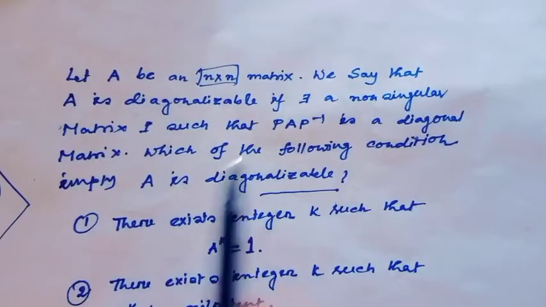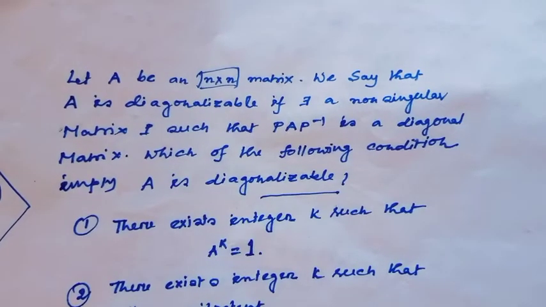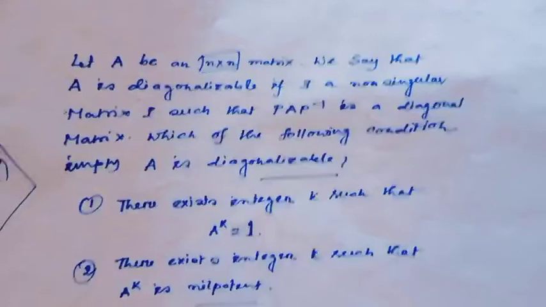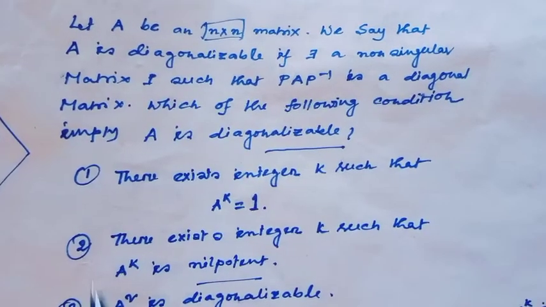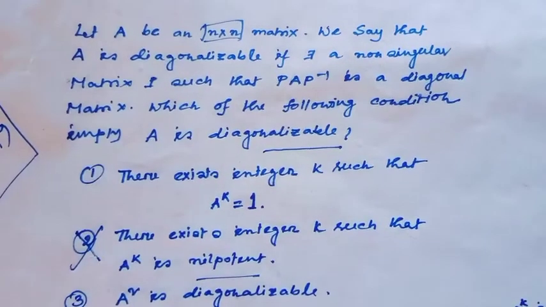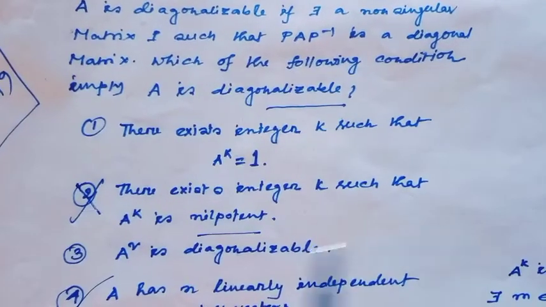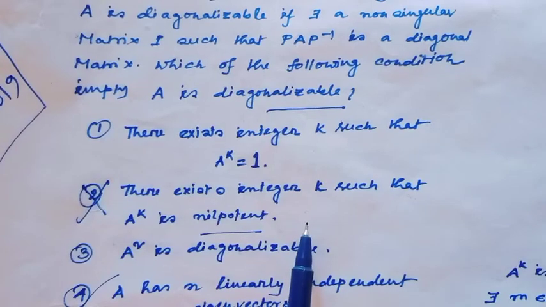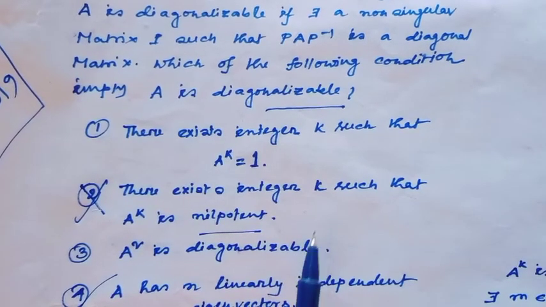The question indicates A is only an n cross n arbitrary matrix. So option 2 is also a wrong option. There exists an integer k such that A to the power k is nilpotent; this type of matrix is not always diagonalizable.